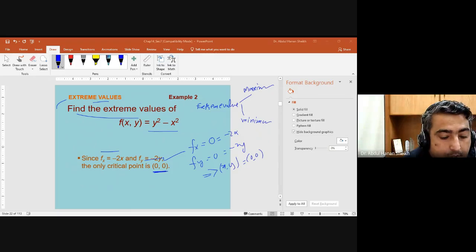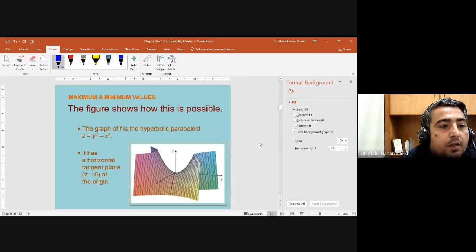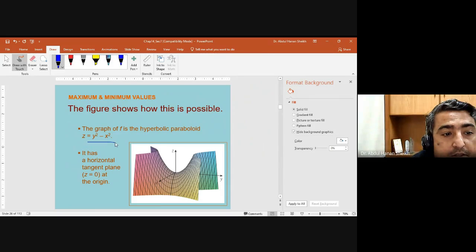Okay, so this is basically the same function. The graph of this function is this. Now this is the point 0.